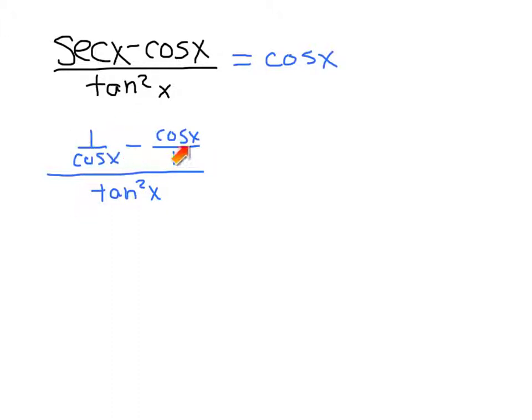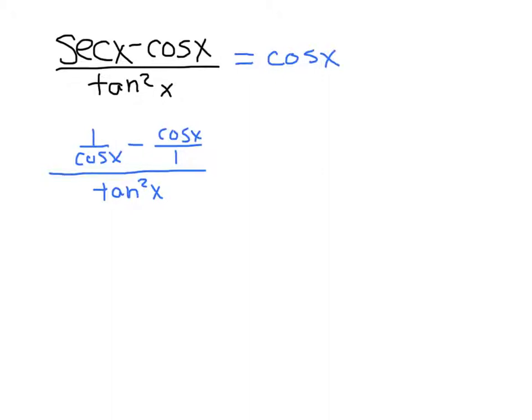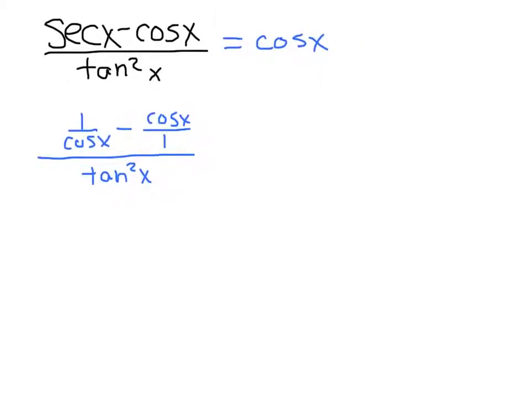So instead, I'm going to work on the top, and I'm going to use the special strategy that says to look for opportunities to simplify fractions. So in this case, I'm going to try to get a common denominator for this part right here. So I'm going to multiply this by cosine of x over cosine of x.